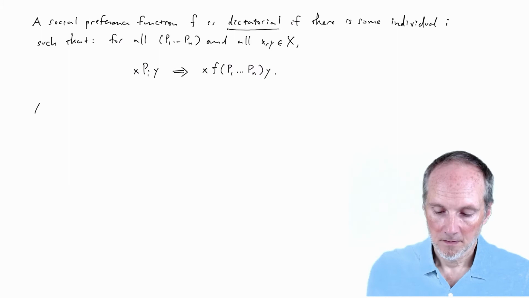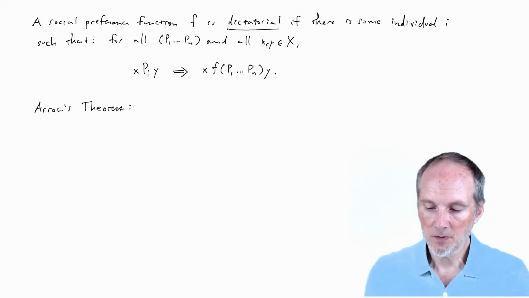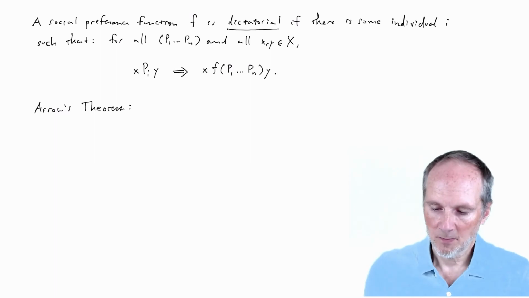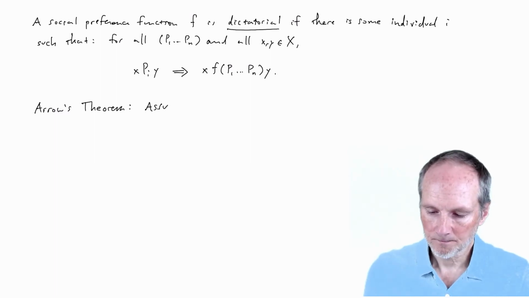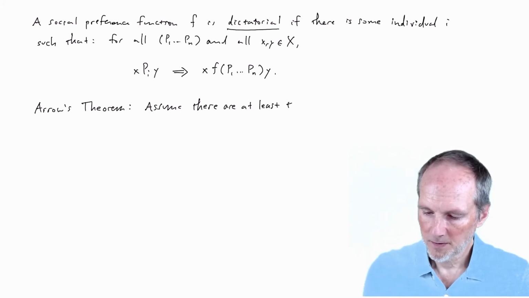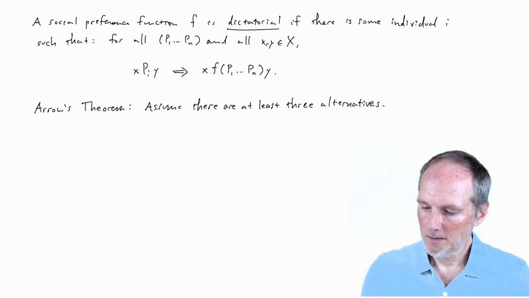Nevertheless, here's Arrow's theorem. All right, so I haven't said it explicitly yet, but we're going to assume the set of alternatives contains at least 3 elements. So there are at least 3 alternatives. All right.